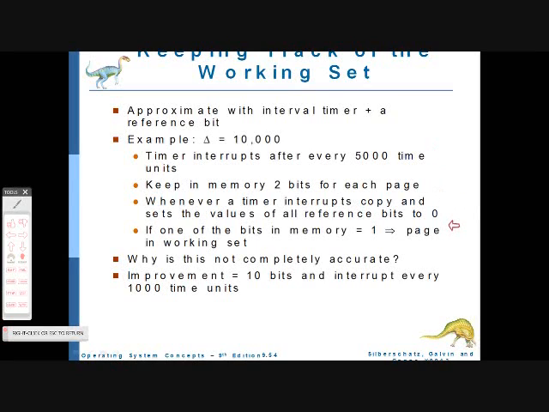If one of the bits in memory is equal to 1, meaning it was referenced in the interval, or it was modified by some process, then that reference has to be recorded in the working set window. Why is this important?